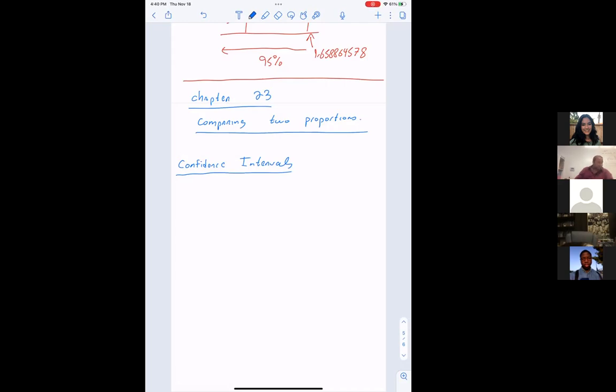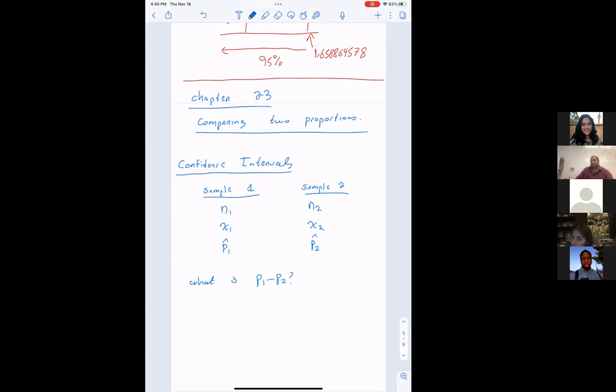So confidence intervals. What's the confidence interval? You have sample one, and from sample one, of course, you have size N1 and number of successes X1. Because of that, you have your sample proportion P1 hat. Then you have sample two, with sample size N2, number of successes X2, and sample proportion P2 hat. The question is, what is P1 minus P2? Not what is P1 hat minus P2 hat.